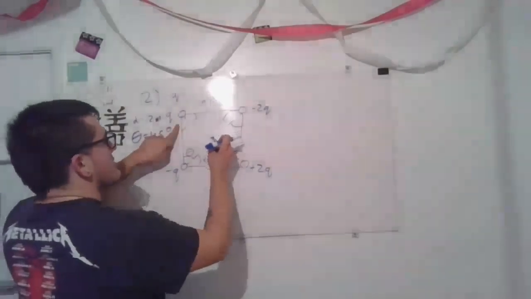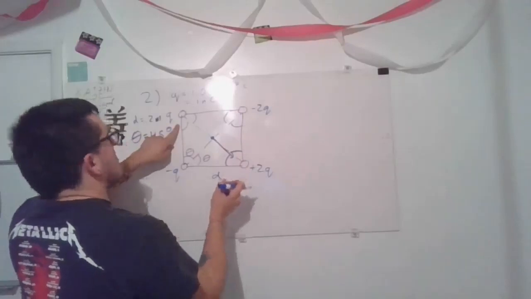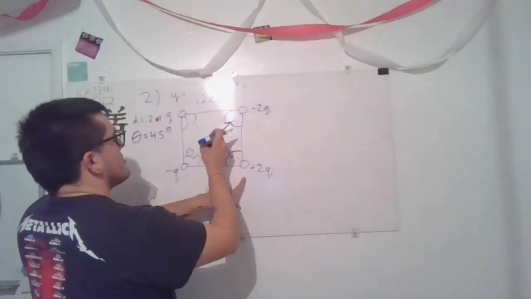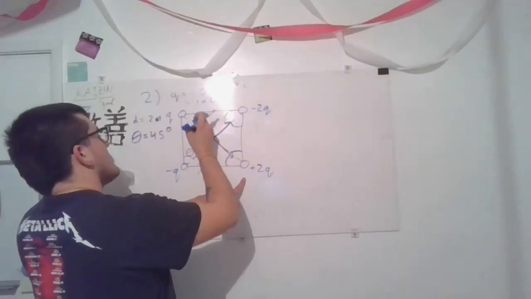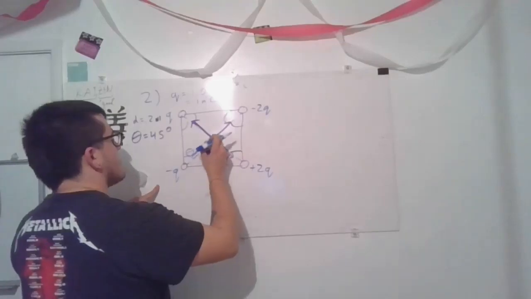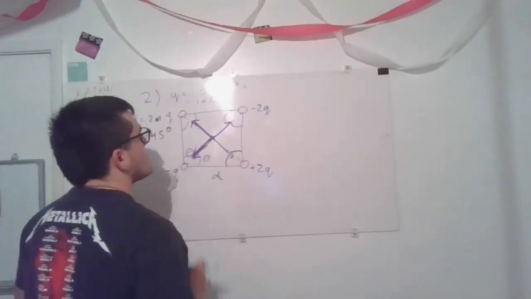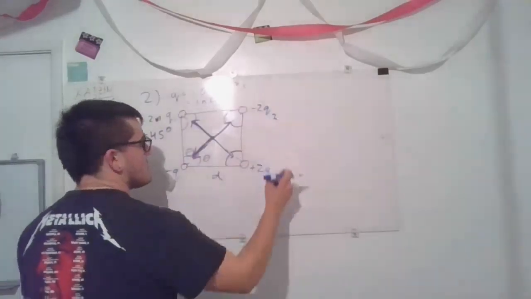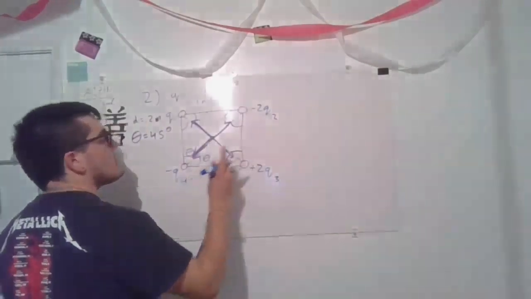So now let's just go around. Due to this charge, there's an electric field this way, right? Due to this charge, there's an electric field that way. Due to this charge, electric field this way. Due to this charge, electric field this way. Let me label them. This will be 1, this will be 2, this will be 3, this will be 4.